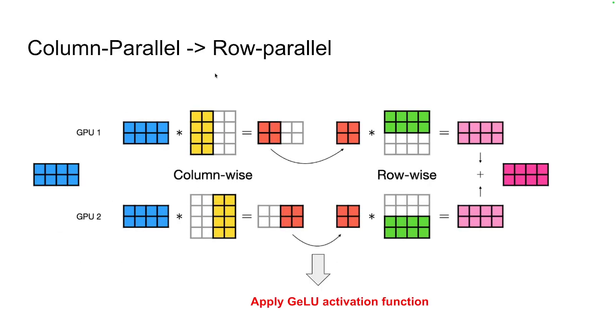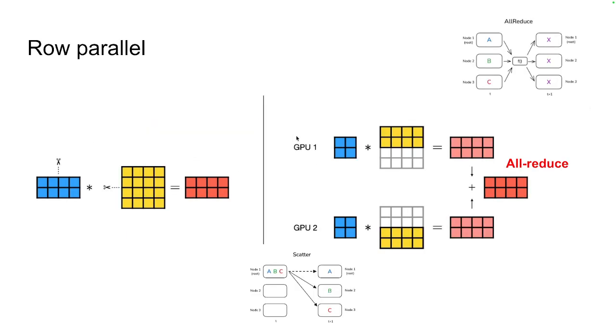So if I go back here, suppose you substitute this first one as row parallel. In row parallel, the matrices you get back need to be summed before sending; to have numerical correctness they need to have a communication.